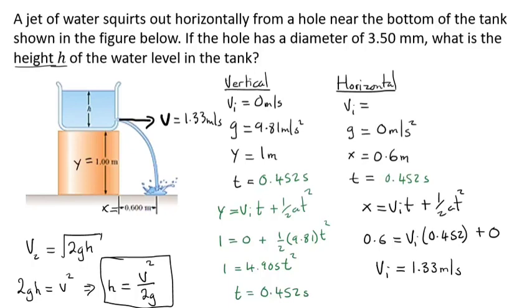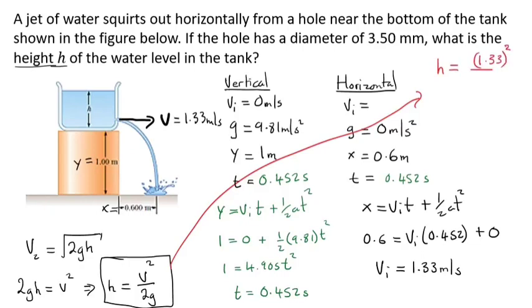So now that we have the velocity there, let's find the height. Remember, we had already derived the formula for the height, which is what we have here. So let's just drag it over here. We said height is equal to the velocity, which is 1.33 squared, divided by 2g. That is 2 times 9.81. So let's see what we get as a height.